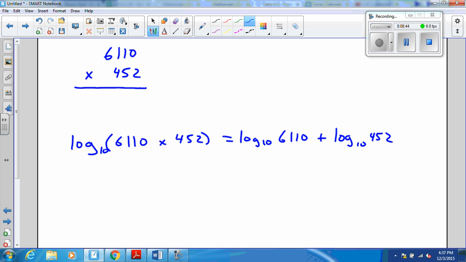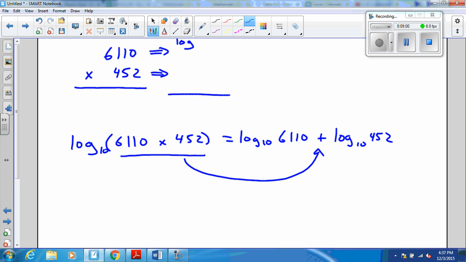In other words, by using a logarithm, I can turn a multiplication problem into an addition problem. And so the plan became that you would find the log of each factor, add up the logs of the factors to get the log of your answer, and then do a reverse lookup to find out what your answer actually was.